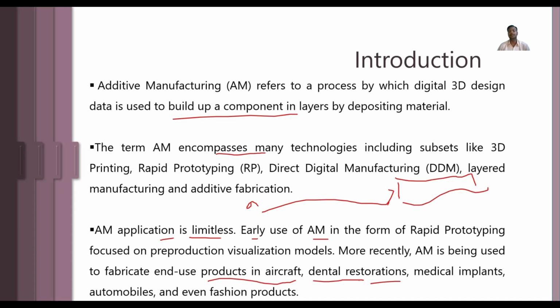That part can be replaced through the AM process by scanning the patient's MRI, then applying those MRI scans in Mimics software to mimic the exact dimensions, and then it can be printed through one of the additive manufacturing processes. That will be SLS.